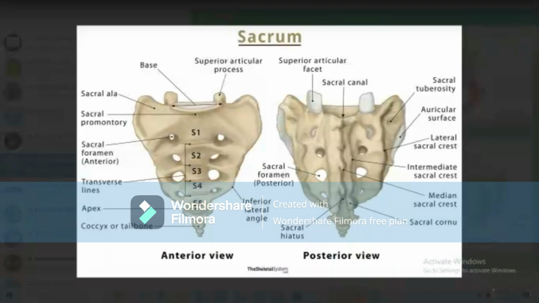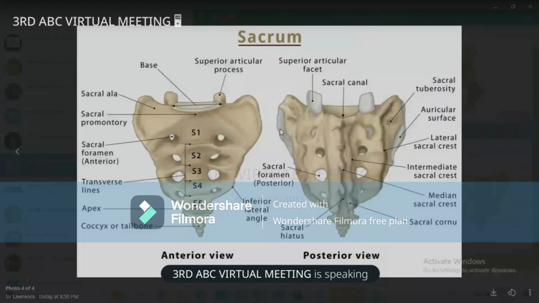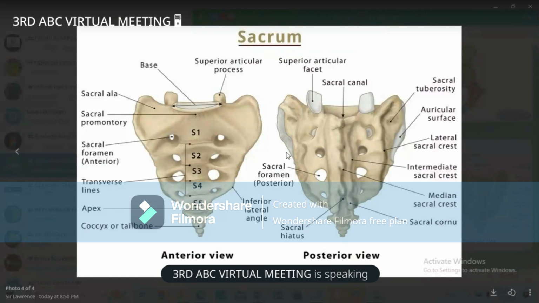So that auricular surface of the ilium and the iliac tuberosity articulate with the auricular surface of the sacrum. Alright, so that's what is seen here from the posterior view. It's not visible from the anterior view. Alright, it has an apex. So these are the major structures.